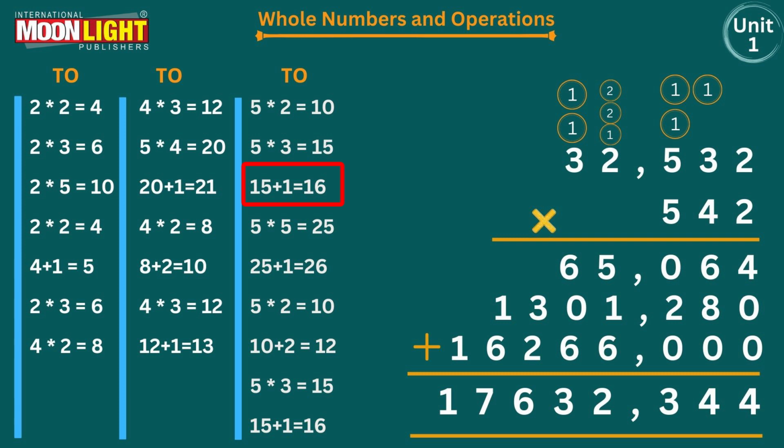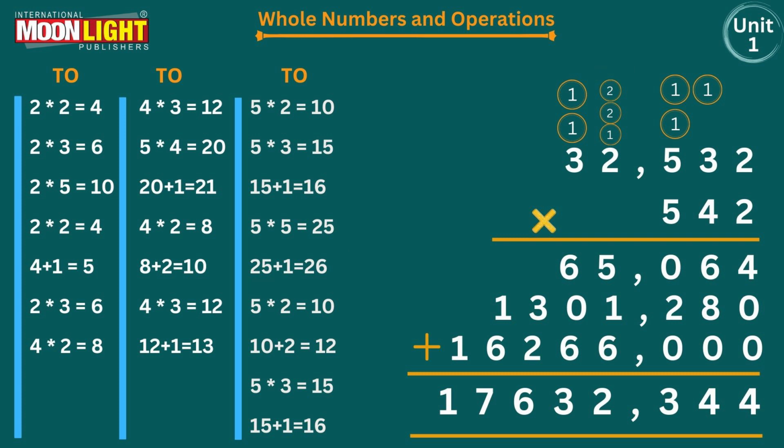Okay, 16 means that 6 is at 1's place. So I will put it down here, you can see, and I will bring the number 1 on the top of the number 5. So next is, I am going to multiply the number 5 by the number 5. 5 5s are 25 plus 1 is 26. So I will write the number 6 here and 2 will go again on the top of the number 2.